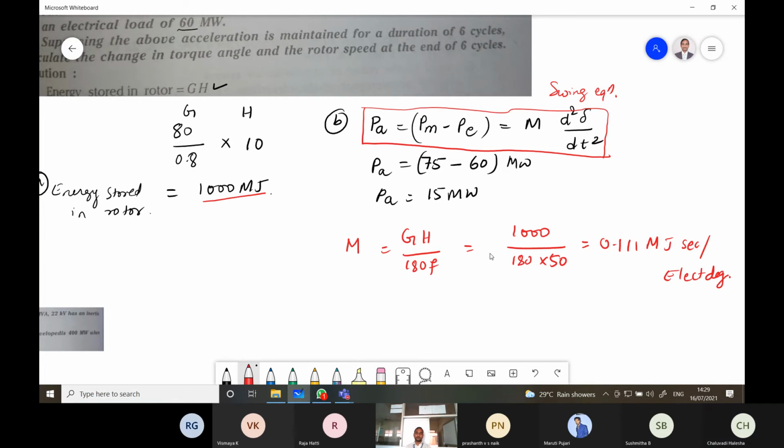Now substitute this in the equation. M into d square delta by dt square is equal to PM minus PE, which we calculated as 15 megawatt.